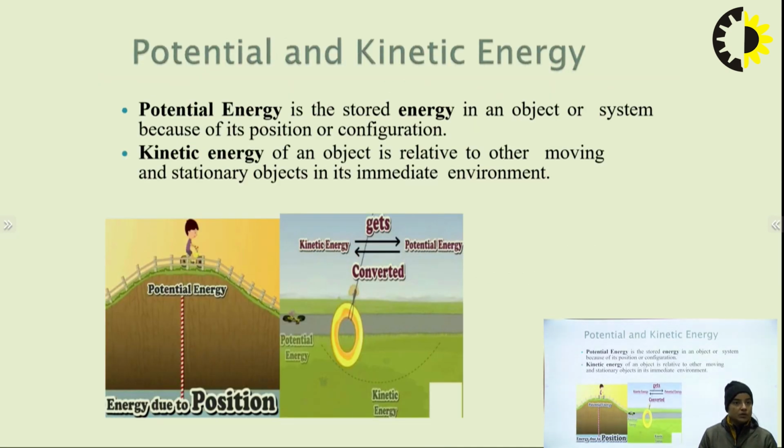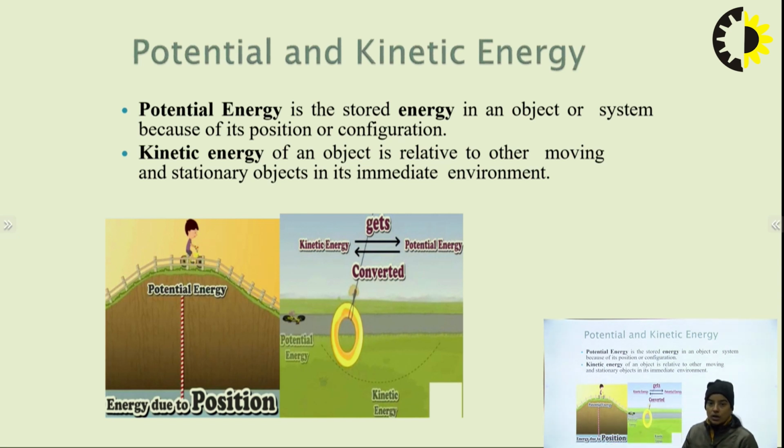Potential energy is the energy stored in any object or system because of its position or configuration, while kinetic energy of an object is relative to the moving or stationary object in its immediate environment, as we can see in this picture. Here one person is at this height, so he or she will have energy due to this height.